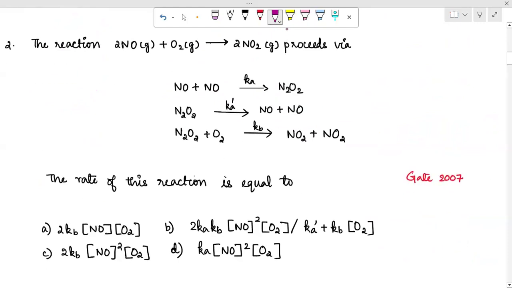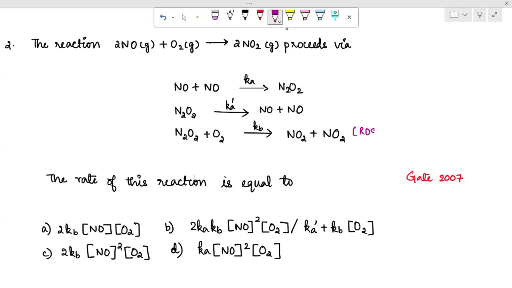A following reaction which occurs in 3 steps is given. So 2NO plus O2 gives 2NO2. You have to write the rate of this reaction. So in the question, they have not mentioned which is the slowest step. If that is not mentioned, the step where the product is being formed will be taken as the rate determining step.